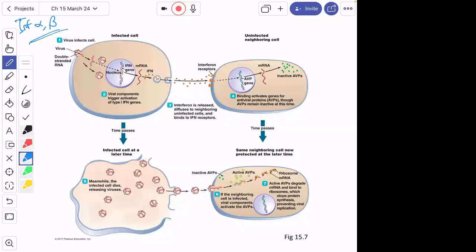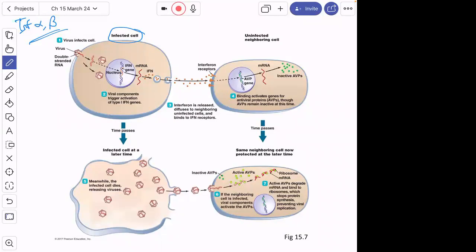Here's one of the host cells that becomes infected with a virus. You know what happens. Viruses take over the cell's machinery and make their own viral proteins.